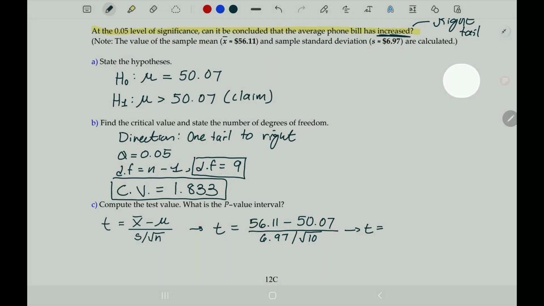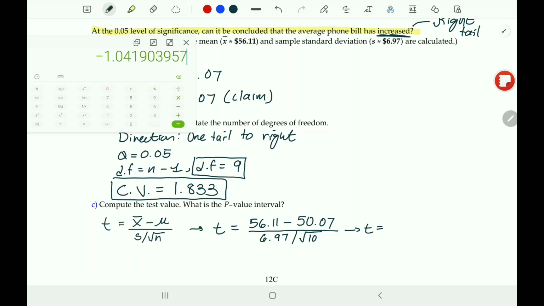All answers should be to at least 3 decimal places. The top will be 2, of course, because we only have 2 decimal places up there. 56.11 minus 50.07 is going to equal 6.04.